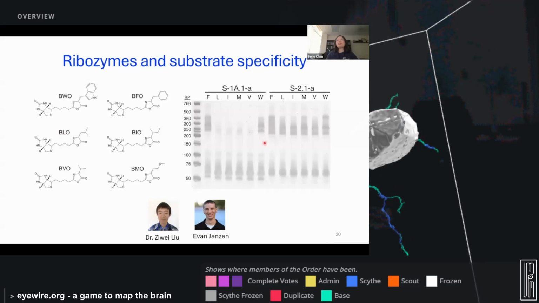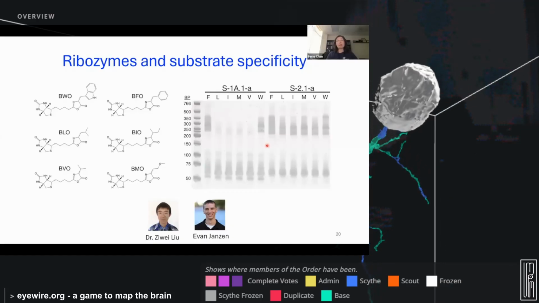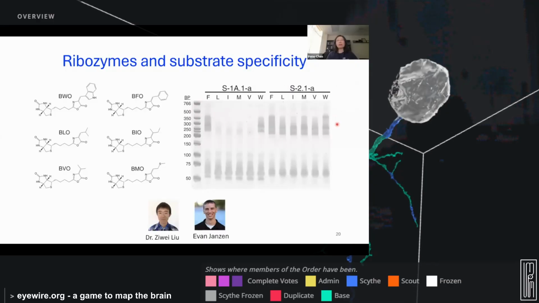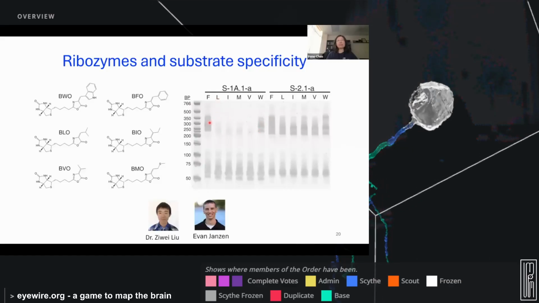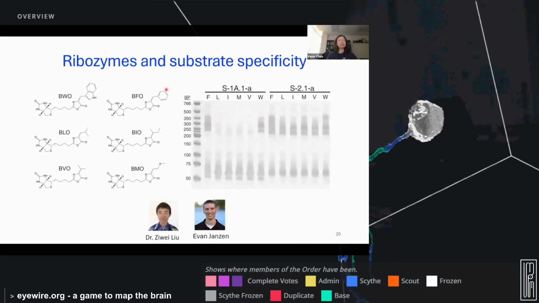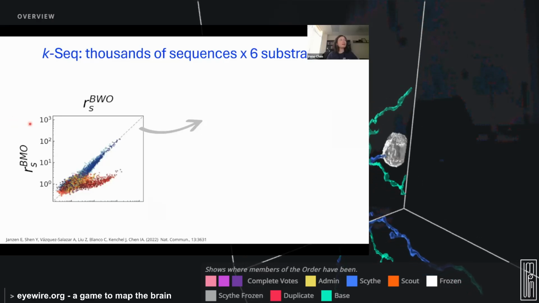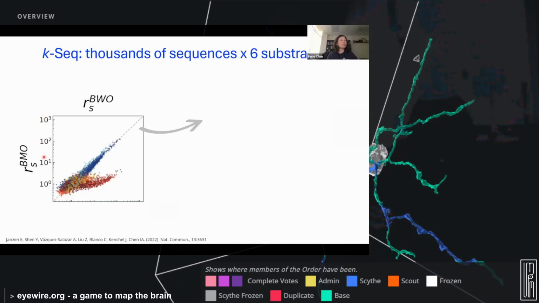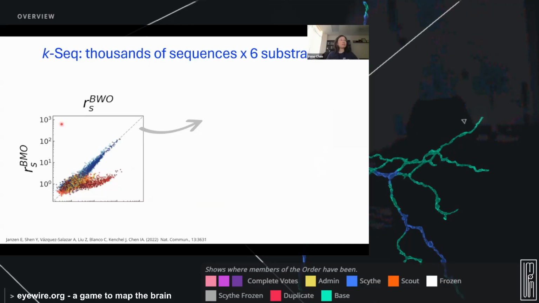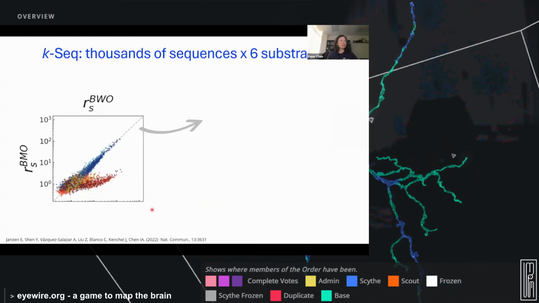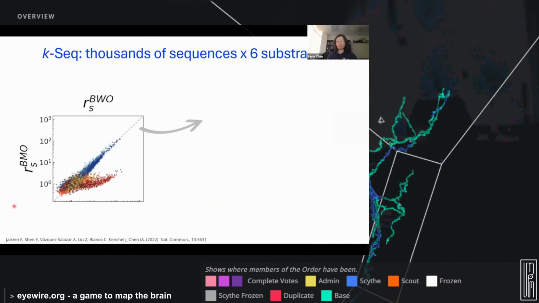And here you can see by eye even that some ribozymes have more promiscuity, like 2.1A is very promiscuous, whereas 1A.1 has a kind of specificity, seems to prefer the aromatic amino acids. So on a larger scale, with kinetic sequencing, we have the catalytic ratios for each substrate and each point here is one ribozyme sequence, and these are two substrates just to illustrate the correlation in some cases and then lack of correlation in other cases.